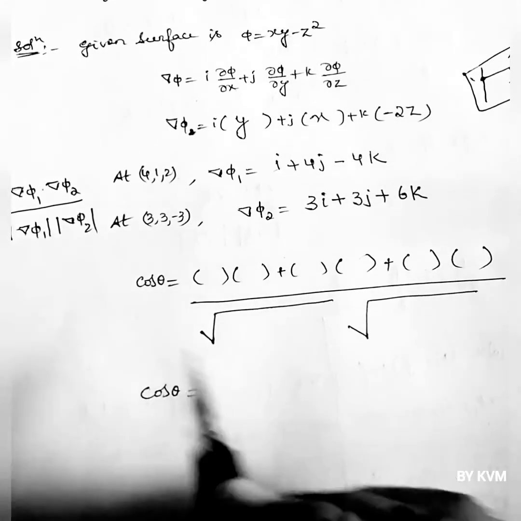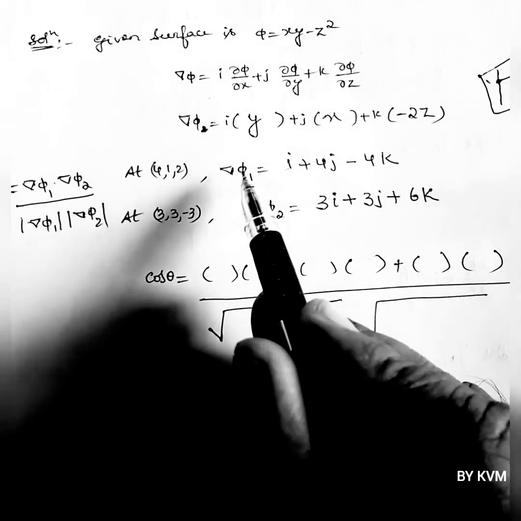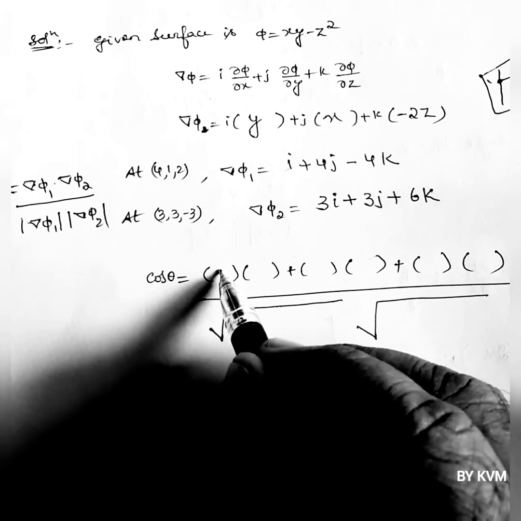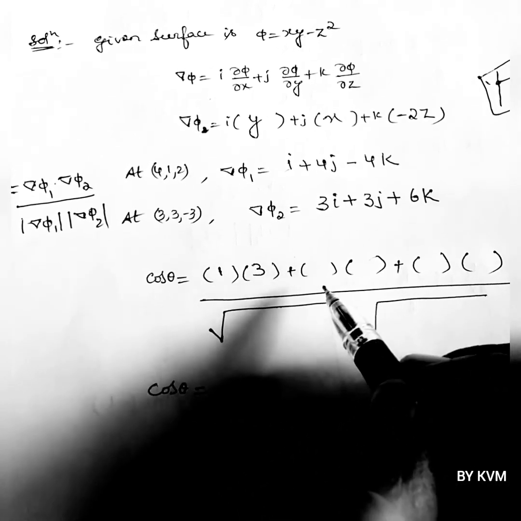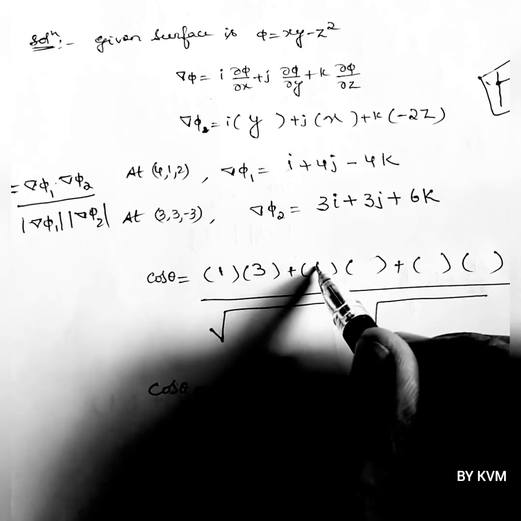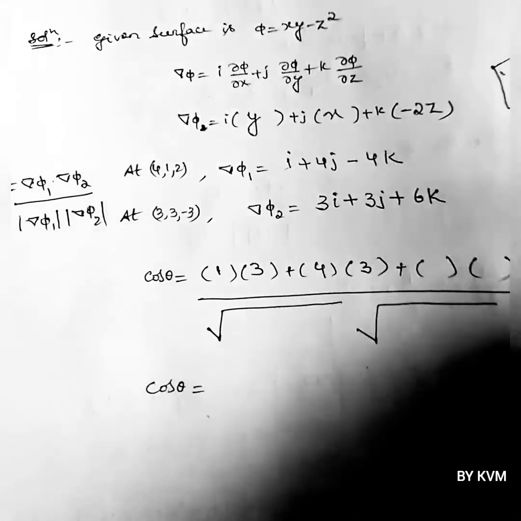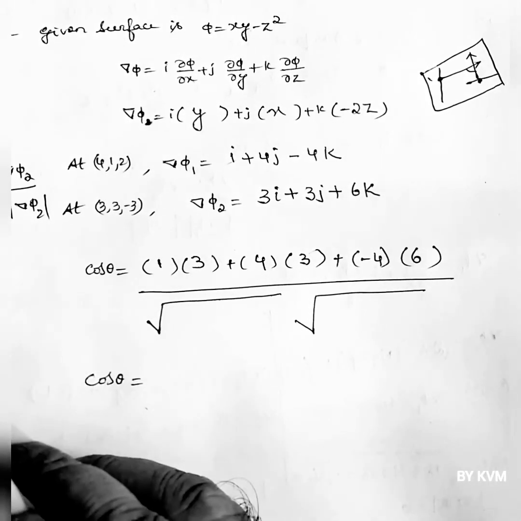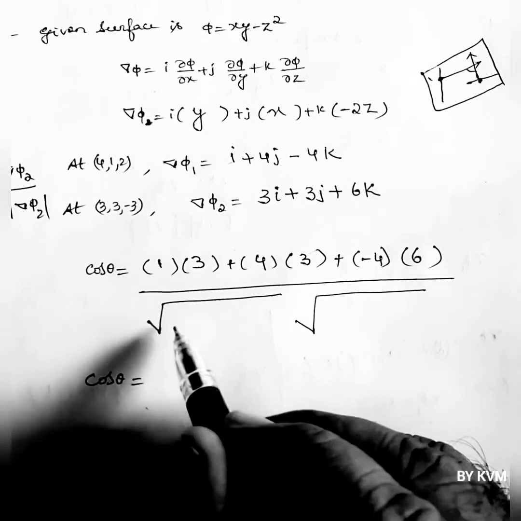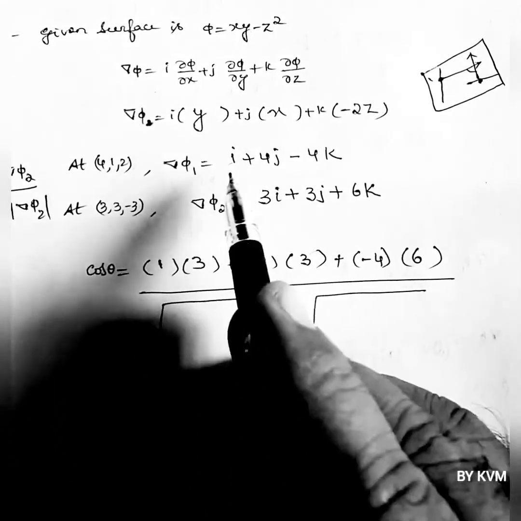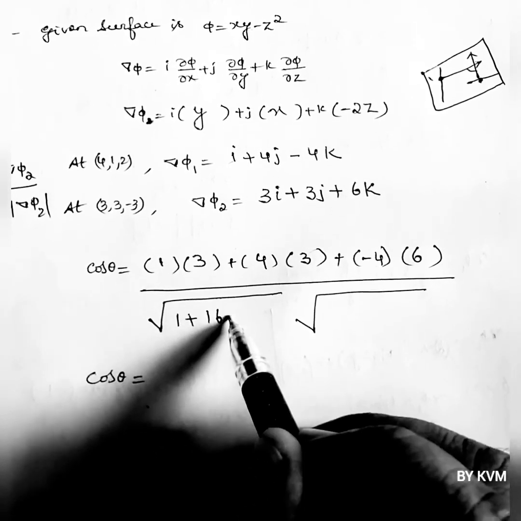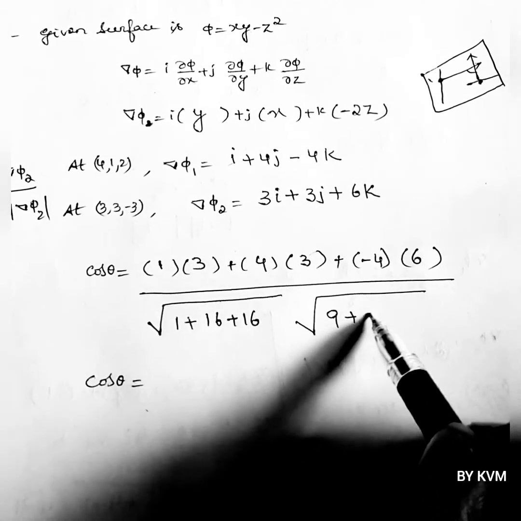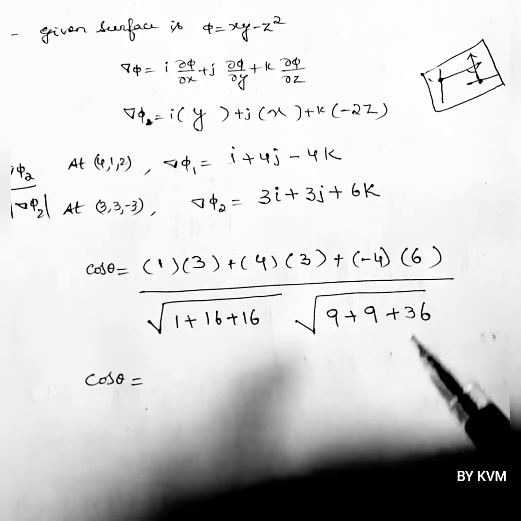So cos theta is dot product of del phi 1 and del phi 2, coefficients of i 1 and 3, coefficients of j 4 and 3, coefficients of k minus 4 and 6, divided by mod del phi 1 into mod del phi 2. Mod del phi 1 is square root of 1, 4 square, minus 4 square 16, into square root of 3 square 9, 3 square 9, 6 square 36. Now simplify the equation.